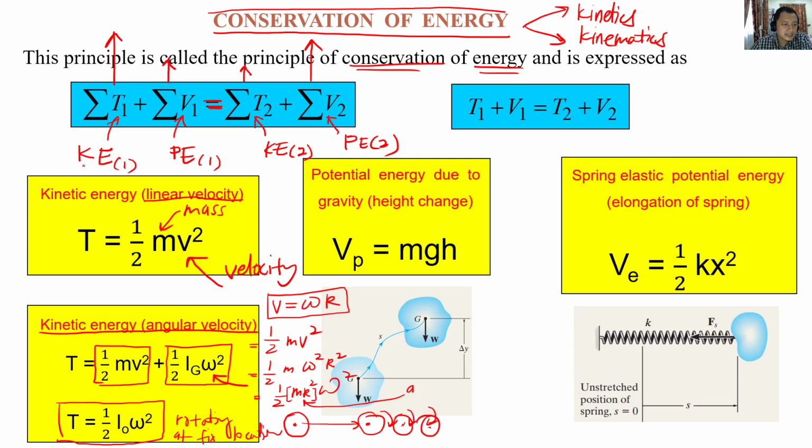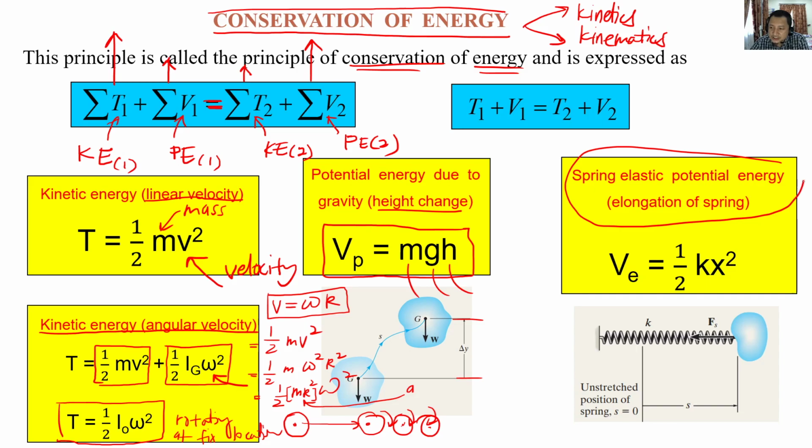Okay, this is on kinetic energy. Next, there will be potential energy. You've probably heard this before. Potential energy due to height change is mass times gravity times h, so mgh, where h is the height change. And finally, you have spring potential energy.